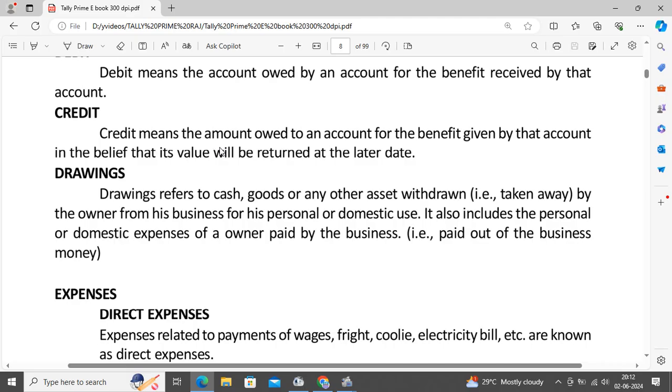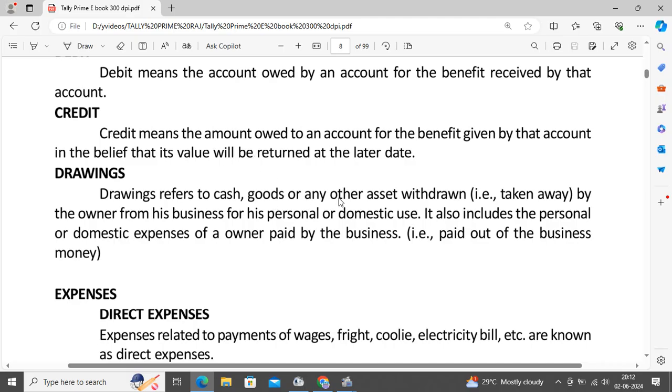They give the products, and after selling them, after 15 days they return the money to the distributor. The retailer will give credit to the persons in whom he has belief. That is called credit.